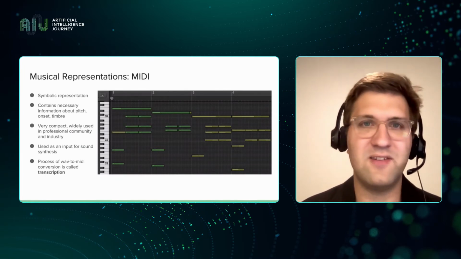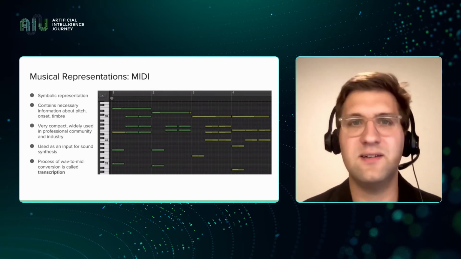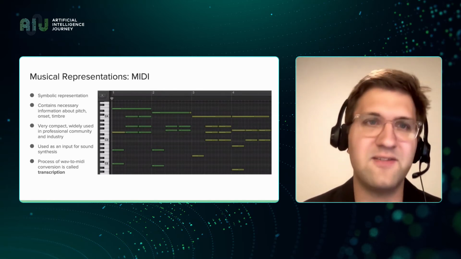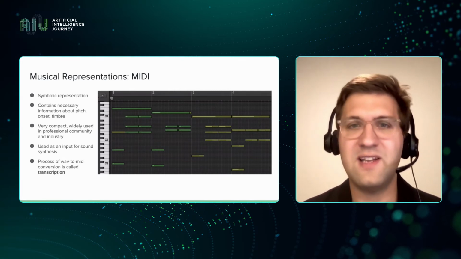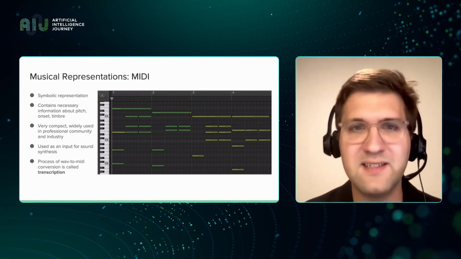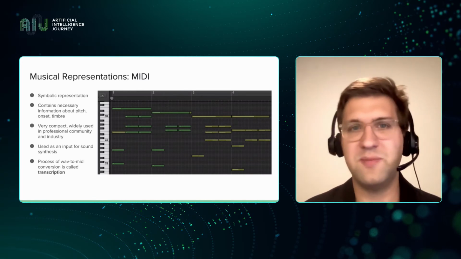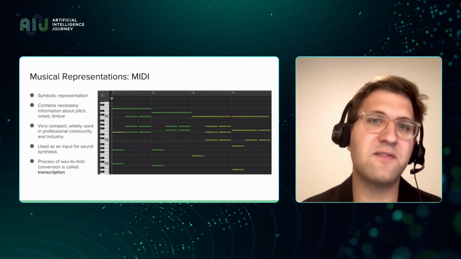Both are representations of musical data, but there are also analogs of music notes that are called MIDI. This representation is visually similar to the spectrogram from the previous slide, and the point is that MIDI is a symbolic representation.